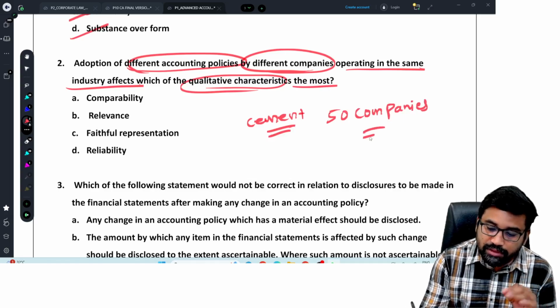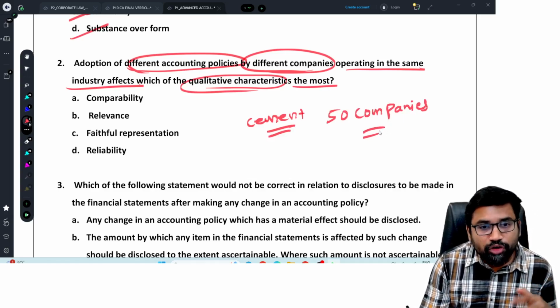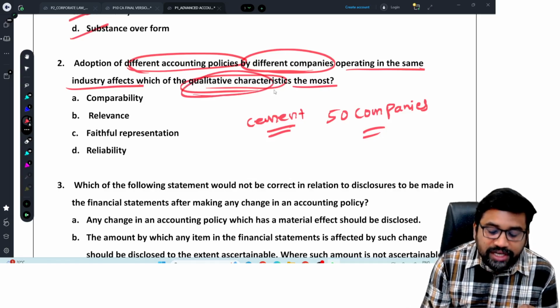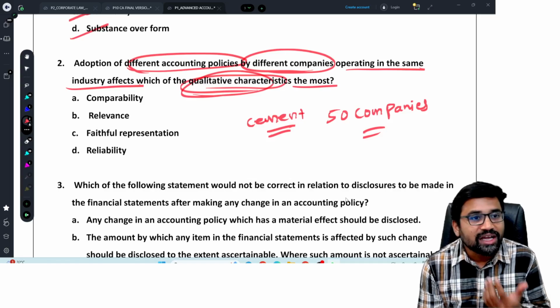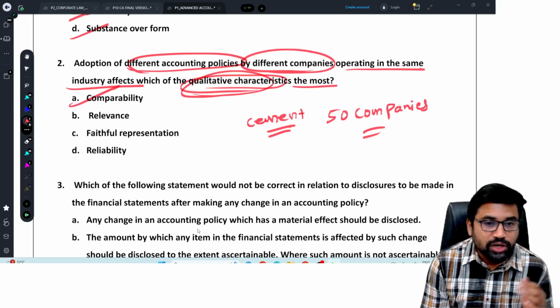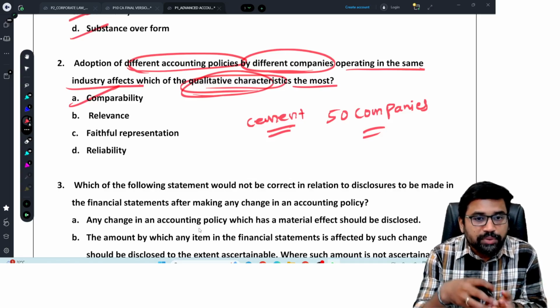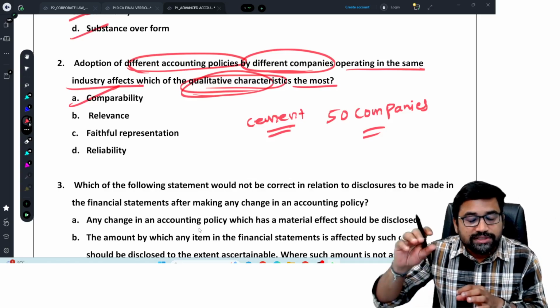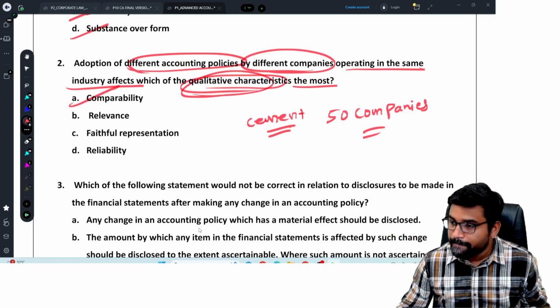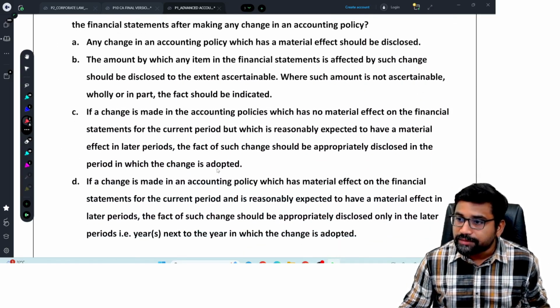Now, these 50 companies are following different accounting policies. Which of the qualitative characteristics will be affected? Definitely comparability. Comparability will be affected because in the same industry, one company is following some policy, and another company is following a different policy.